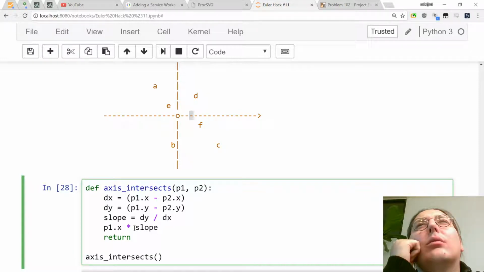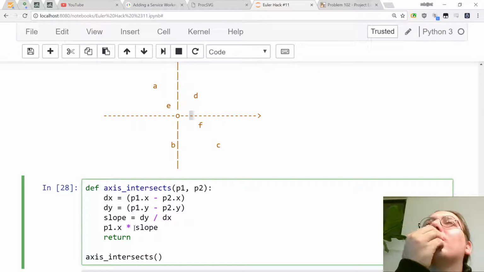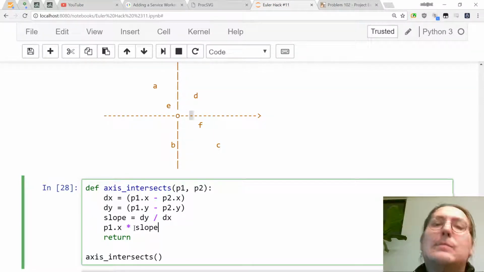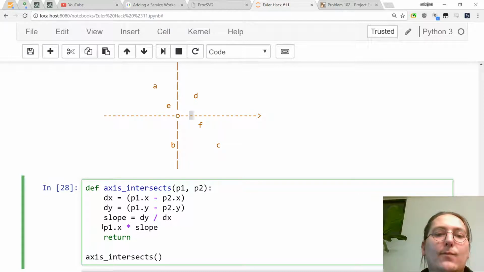So you have y equals slope times x plus b, for example ax plus b.